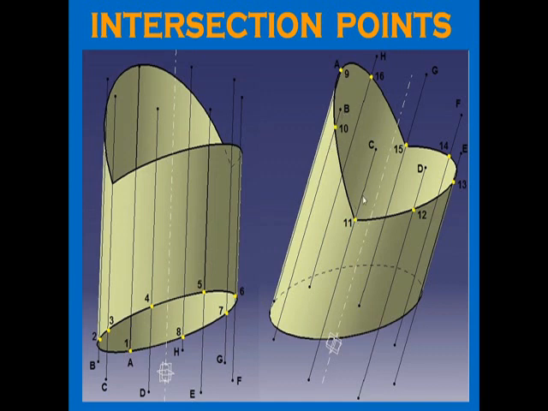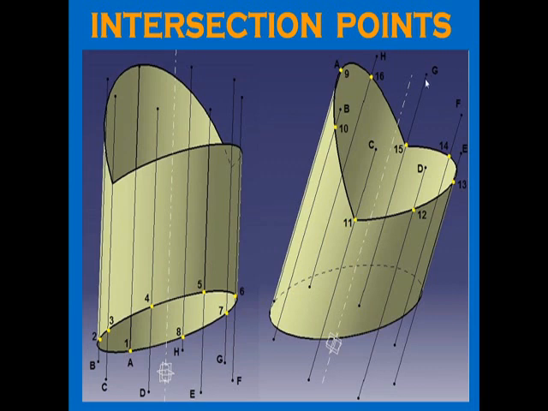Intersection point 11 is the intersection of the cutting plane with the generator C. Intersection point 12 is the intersection of generator D with the cutting plane. Intersection point 13 is the intersection of the generator E with the cutting plane. Intersection point 14 is the intersection of the generator F with the cutting plane.